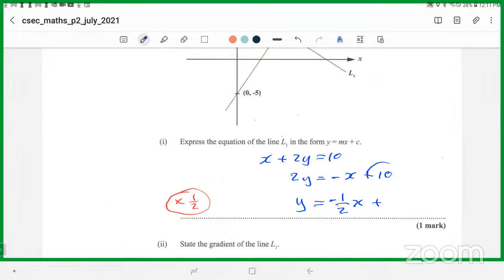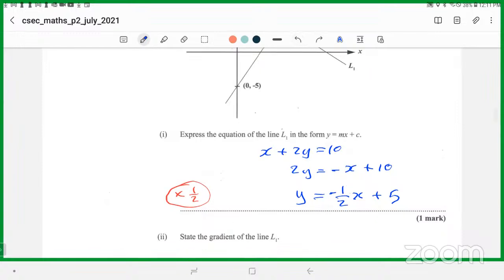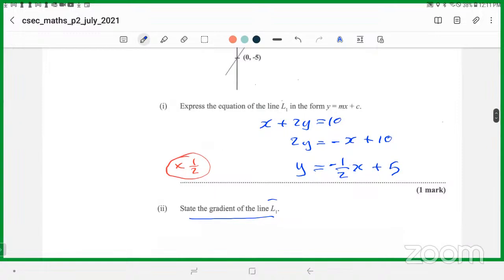And when you multiply this by 1/10, sorry, when you multiply 10 by 1/2, it becomes 5. So it means that this is the gradient of line 1. All right, and that's what they asked us here. State the gradient of line 1. So they're helping us to solve the question step by step. They want us to state the gradient of line 1, which is this gradient.